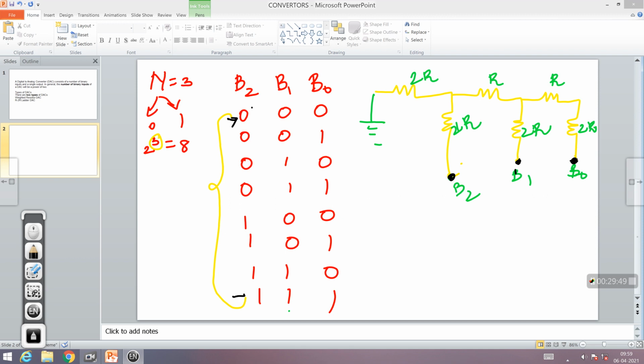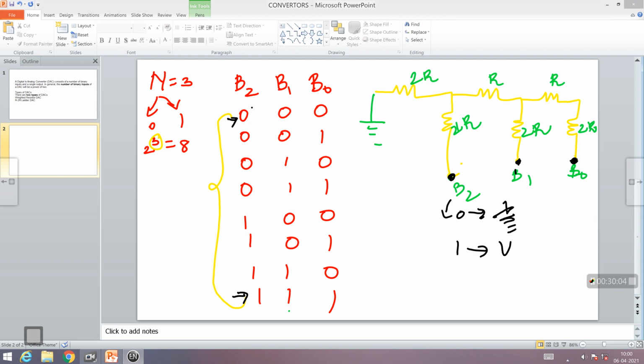If you look at the last combination, all 3 are 1, so all these 3 are to be connected to Vref. So when the bit is 0, you ground it, 0 meaning ground, and 1 meaning to connect it to a reference voltage, which is usually 5 volts. Here you ground, so it is 0 volts.